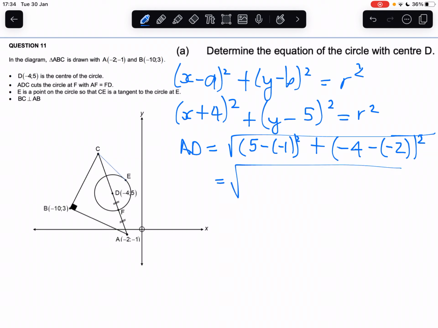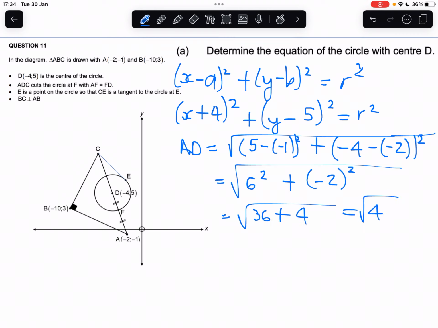However, I don't want to. 5 minus -1 is 6 squared, and -4 plus 2 gives us -2. And so that ends up being 36 plus 4, which is the square root of 40, which is the same as 2 root 10.